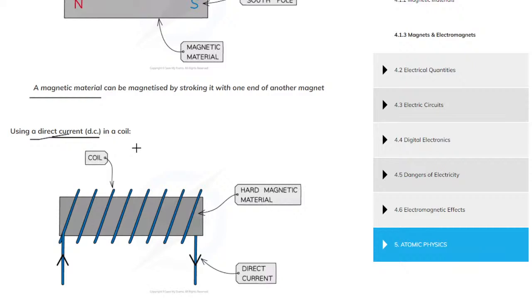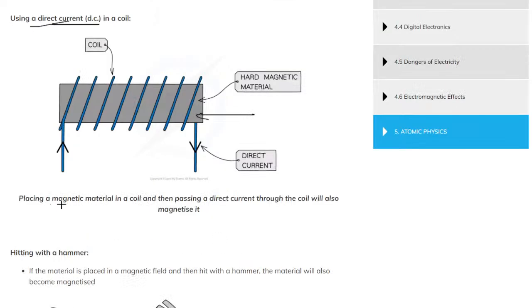We'll later get to know about the motor effect, DC motors, and AC motors, but for now we're saying that using DC in a coil wrapped around a magnetic material will magnetize it. So when you place a magnetic material in a coil and pass direct current, simply electricity, through the coil, it will magnetize it.